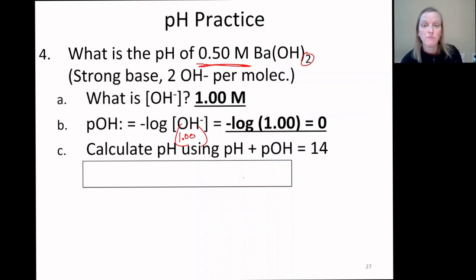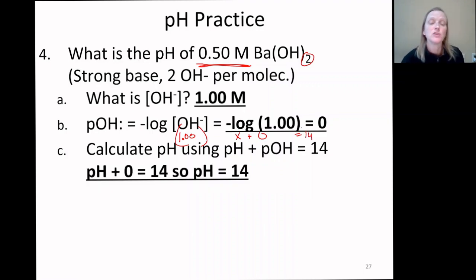But I know that pH plus pOH equals 14. So my mystery pH value plus 0 equals 14. And so if I solve this equation, then I know that the pH must be 14. So my pOH was very low, which means my pH is very high. And this is why bases have a high pH. I hope this helped.